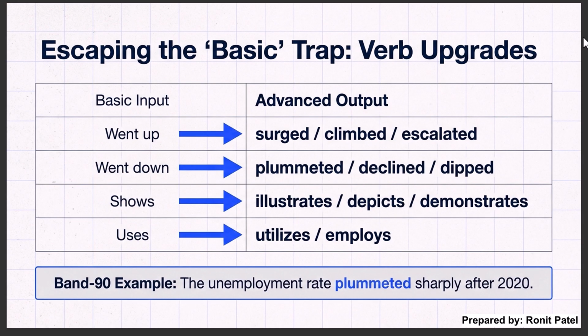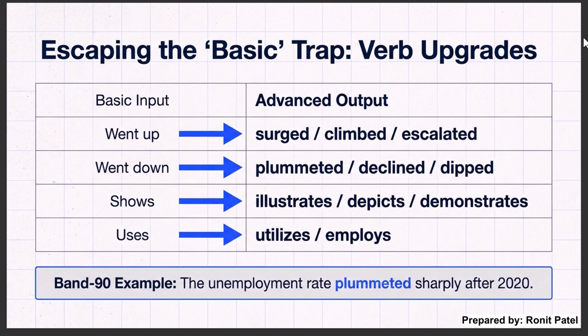This slide targets the most common Band 65 problem, basic verbs. Instead of saying went up, say surged, climbed, and escalated. Instead of went down, use plummeted, declined, or dipped.